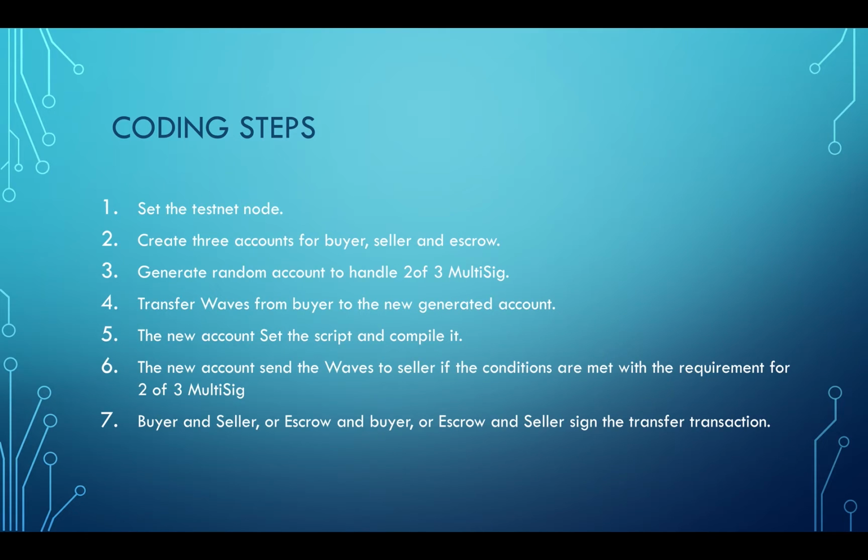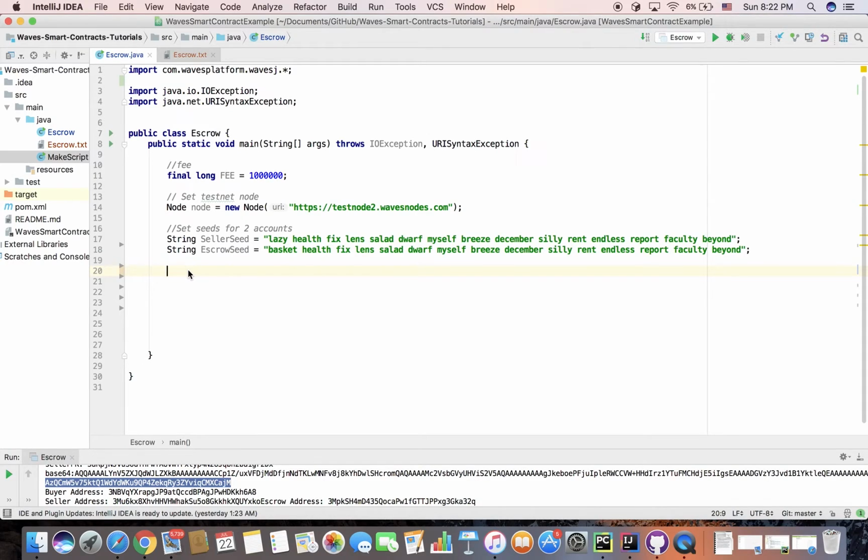This account sets the script, compiles it, and sends the waves to the seller if the conditions are met, with the requirement of 2 of 3 multi-signature. So buyer and seller, or buyer and escrow, or seller and escrow should sign this transfer transaction. Let's move now to the coding part, and we will use the Waves Java library.